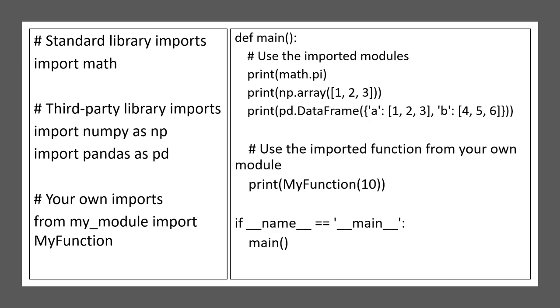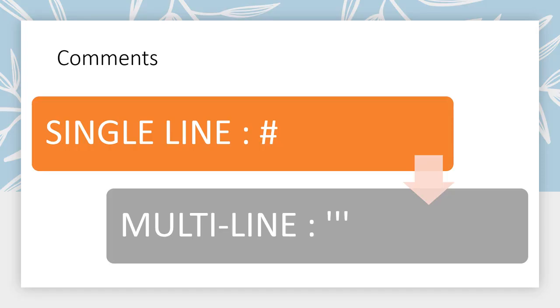In the statement print my function of 10, my function is part of my own import and it is custom written. How to give comments in Python? Either using a hash to represent a single line or triple quotes to represent multiple lines.